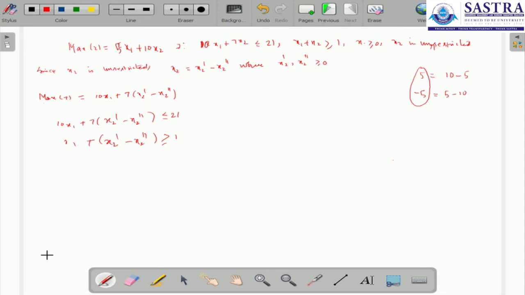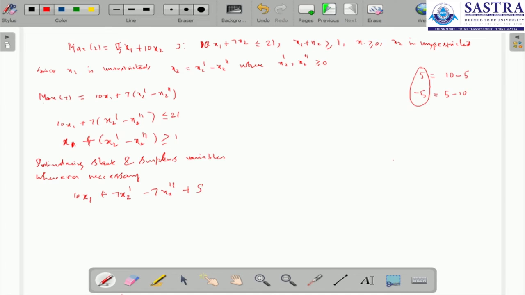So, introducing slack and surplus variables, the linear programming problem becomes 12x1 plus 7x2' minus 7x2'' plus a slack s1 equal to 21, because it is less than or equal to.